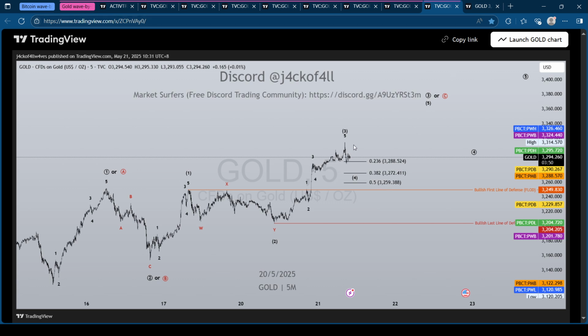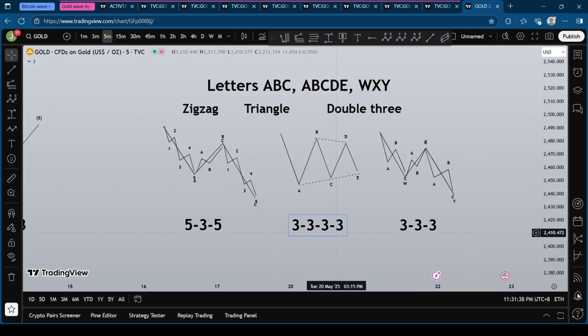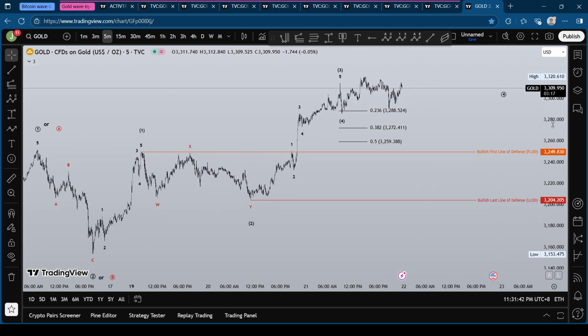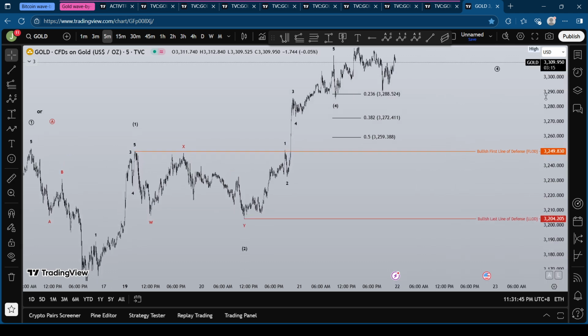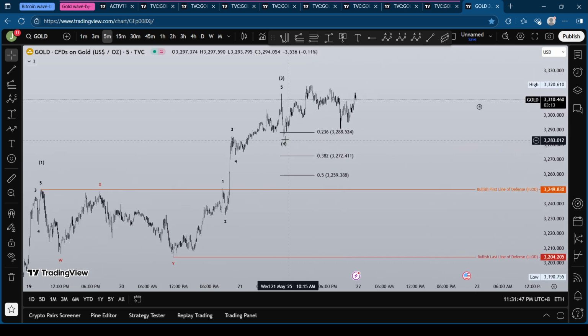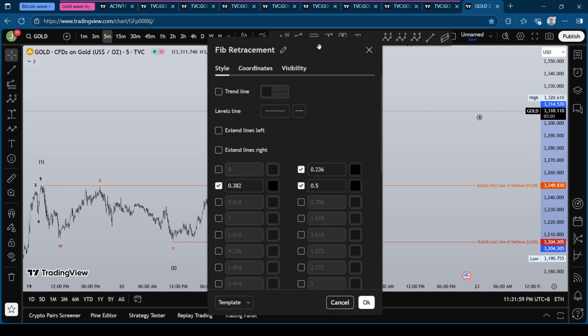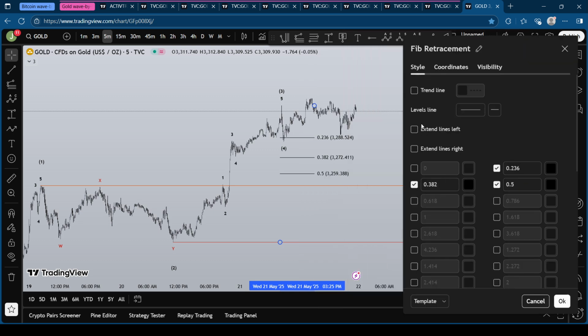What happened after this? We know that the price created a new high after retracing to the 0.236 level. Let us now go to the present data. Just like what I've mentioned, the price retraced around 23.6% of wave 2 to 3. In case you are curious, how do we measure wave 4?